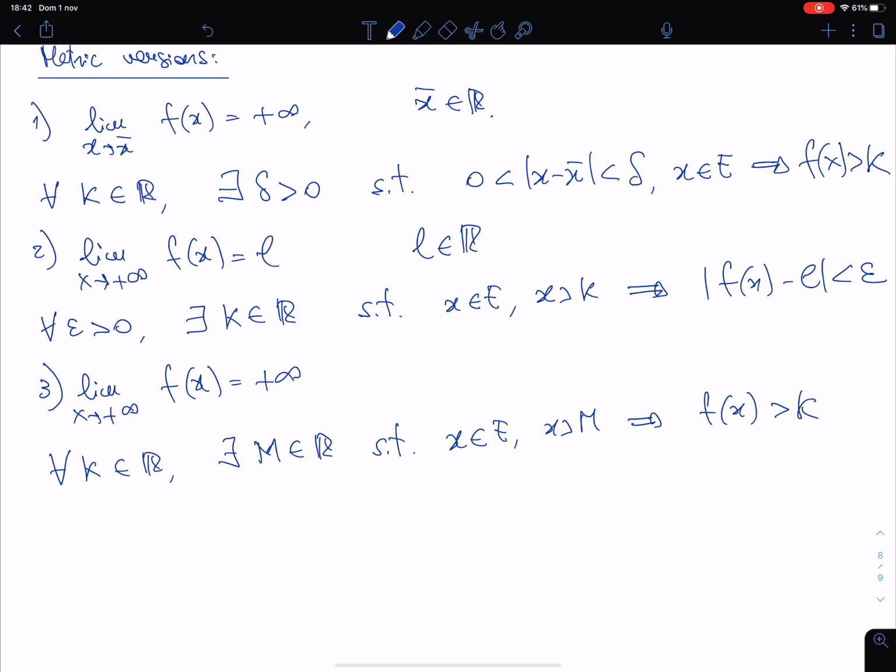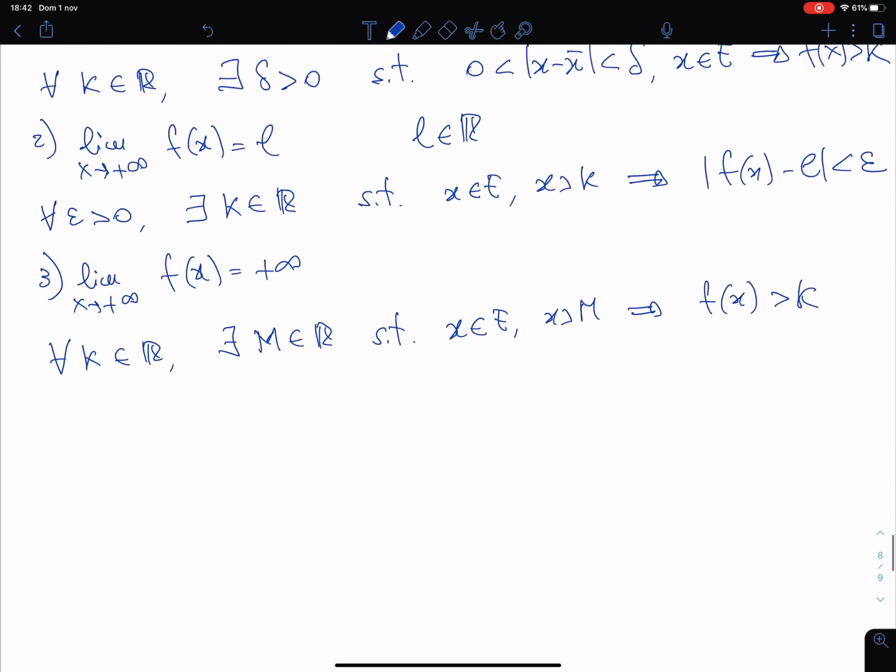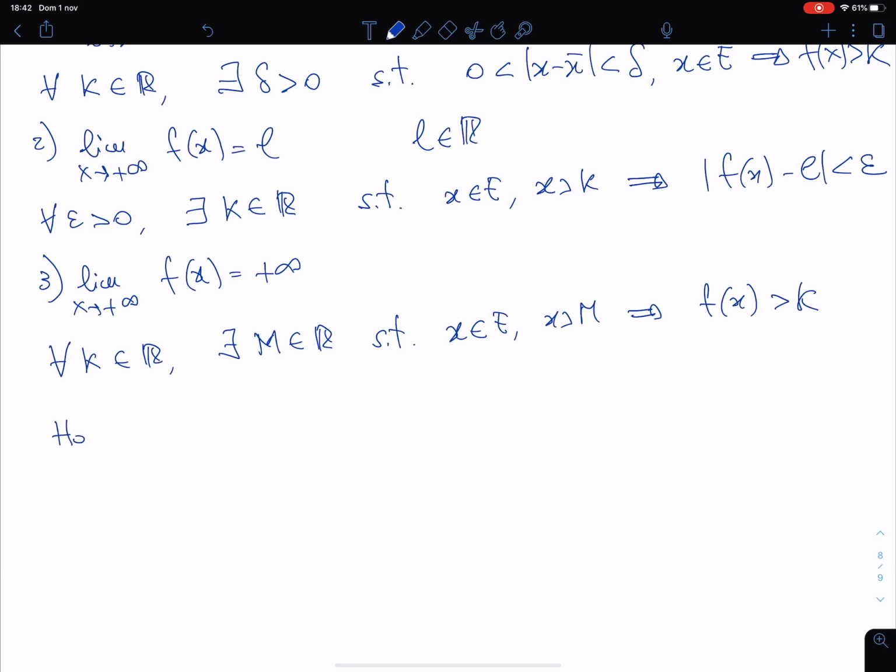Very easy. As homework, following these definitions, the remaining ones.